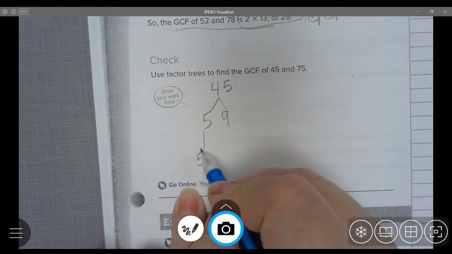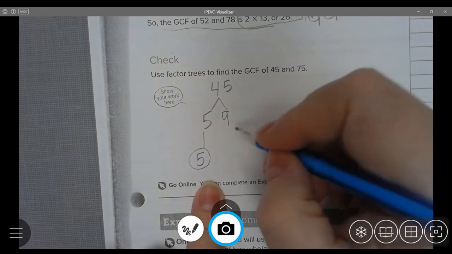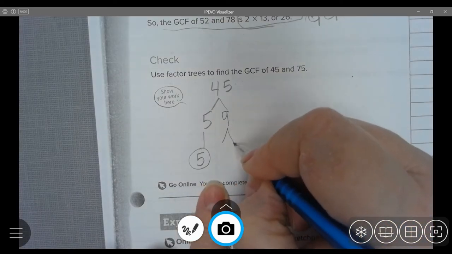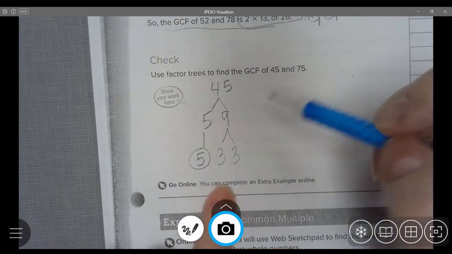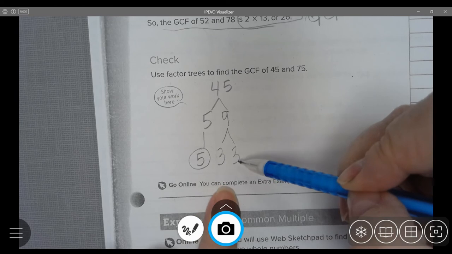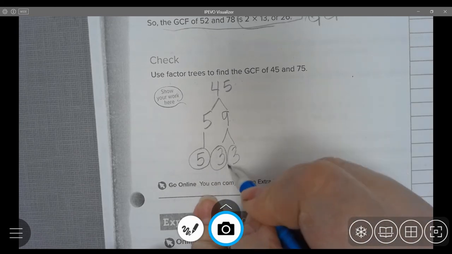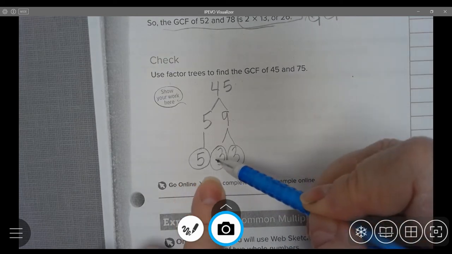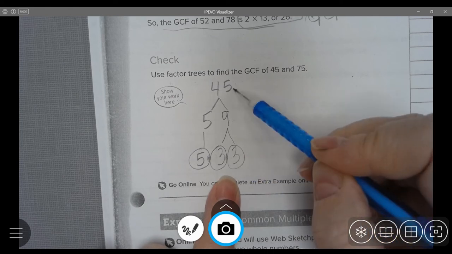I always like to circle it when I'm in a prime number, so I know I'm done. 9 is not prime. Even though it's an odd number, it is not prime. And I can break that down into factors of 3 and 3. 3 times 3 is 9. I know 3 is prime, so I'm going to circle both of those. So 5 times 3 times 3 equals 45.